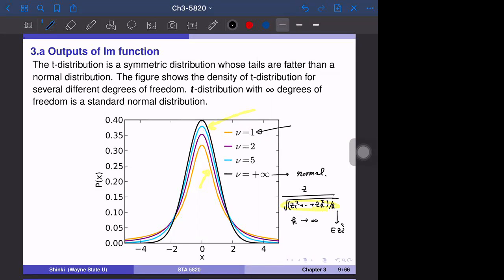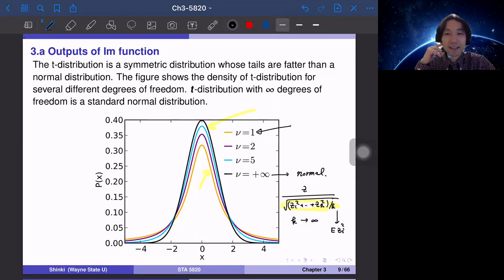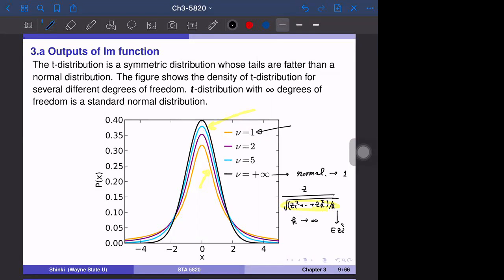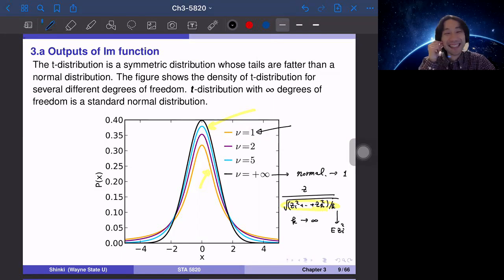Is it 1? Anyone else? The t distribution is similar to normal, so maybe 1 is the baseline. But t infinity has variance 1, and the yellow one has a heavier tail, so it looks like the variance is larger. Possibly 2? Okay.